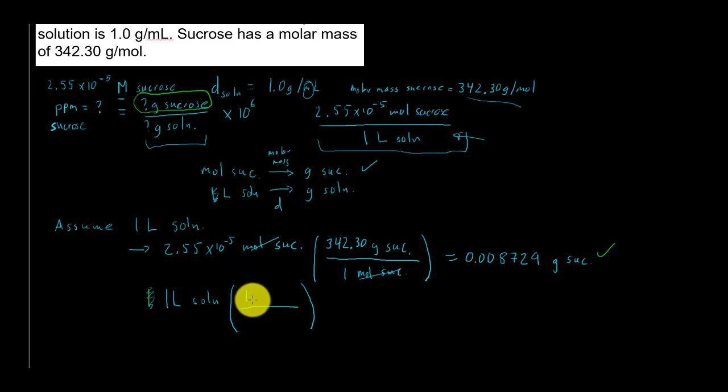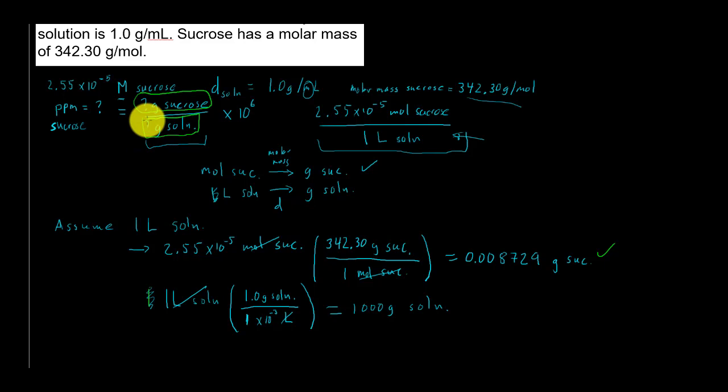So up here I'm going to say that I have 1 gram of solution, right? That's the total solution, for every 1 milliliter, and milli means times 10 to the negative 3rd liters. And so now my liters of solution will cancel out, and I end up with 1,000 grams of solution.